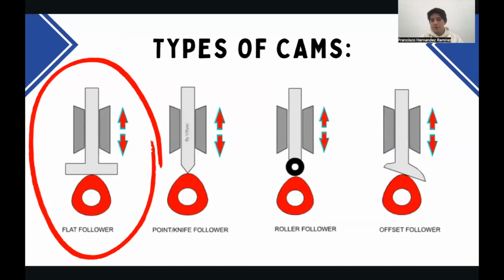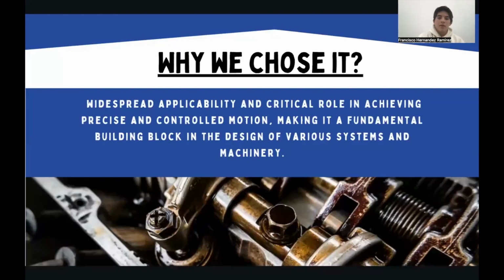We have different types of cams. In this case, we use the flat follower, as we can see in this image. Why did we choose it? Well, in engineering, or more specifically in mechanical engineering, we can have a lot of functionalities. And something that we really liked about it is that we can have a really controlled motion, but also a lot of precision.